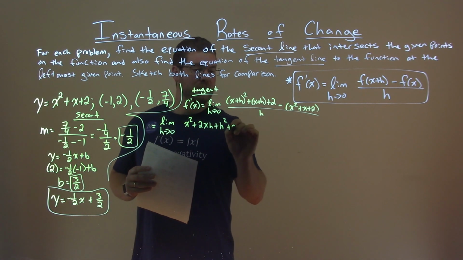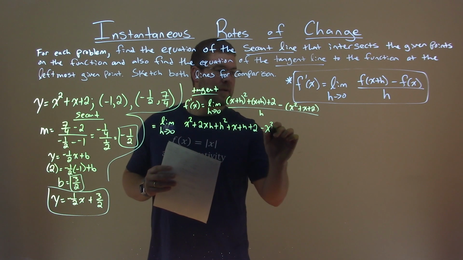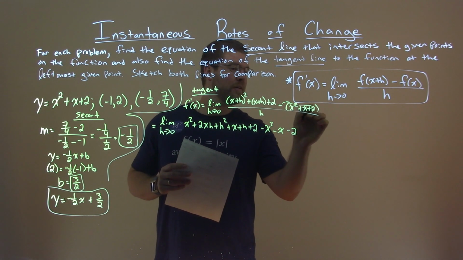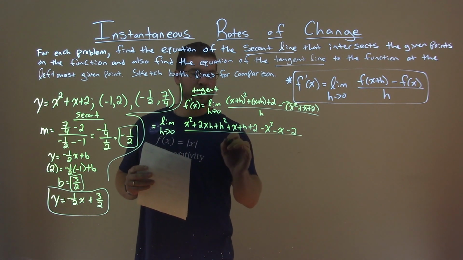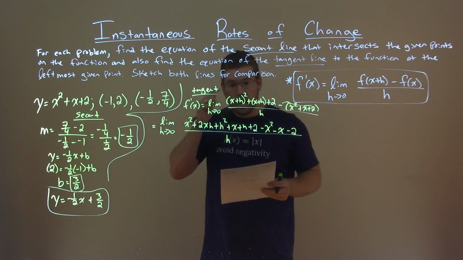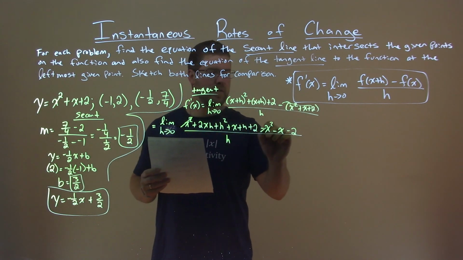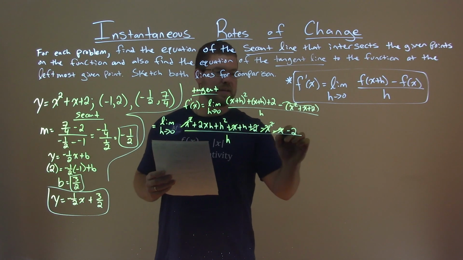Then we have plus x plus h plus 2 minus x squared minus x minus 2. Notice we have to distribute the negative to all those parts. All of that is over h. At this point I try to see what I can cancel. The x squared cancels with the negative x squared, x with negative x, and 2 with negative 2.